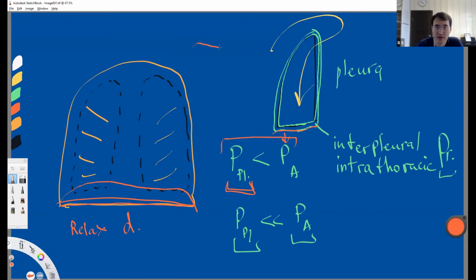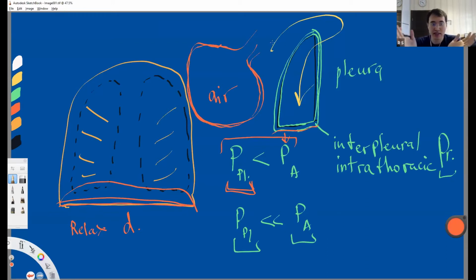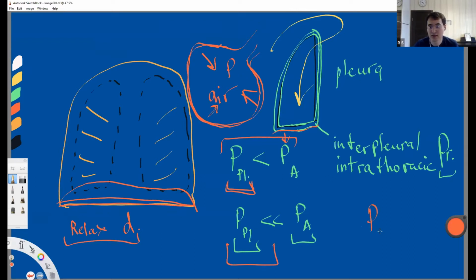These alveoli are expanded with the air inside. And because the wall of the alveoli is elastic, and it doesn't have support from this very small interpleural pressure, it will try to squeeze itself, because at the moment of relaxation of the diaphragm, the pressure inside the alveoli is more than the atmospheric one.